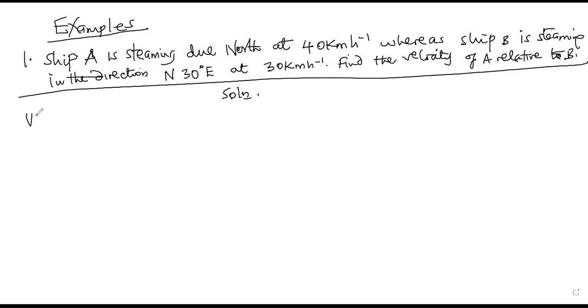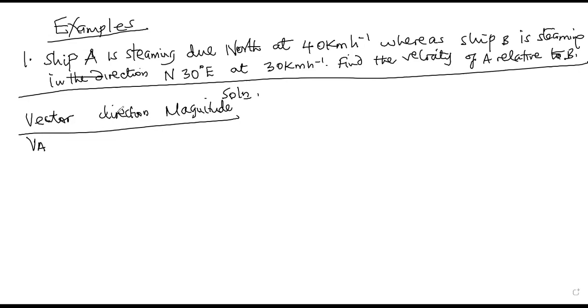If you have summarized, we shall have vector, we shall have direction, we shall have the magnitude. Vector, we have velocity of A, direction is north, the magnitude is 40 kilometers per hour.